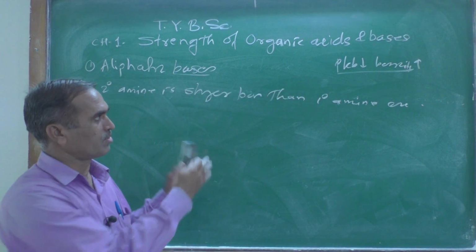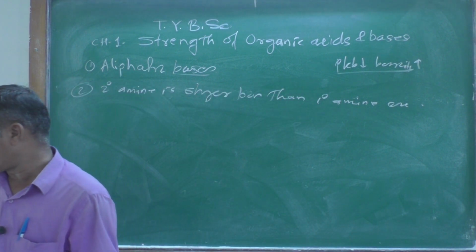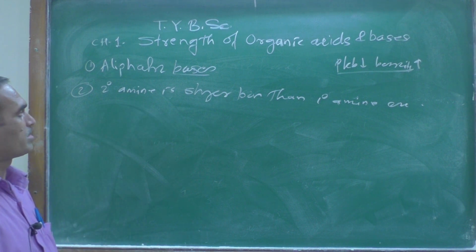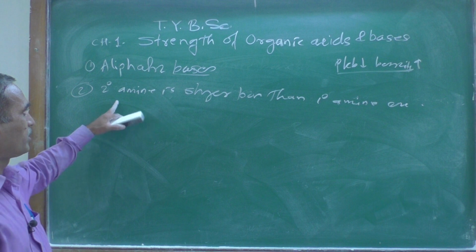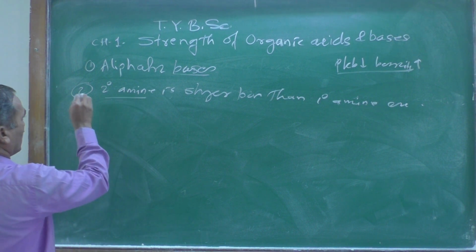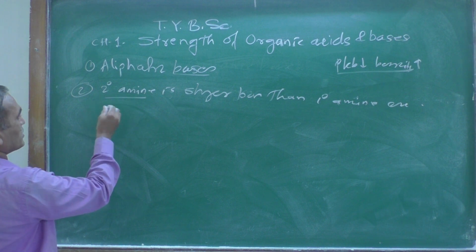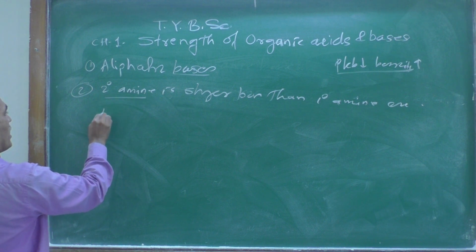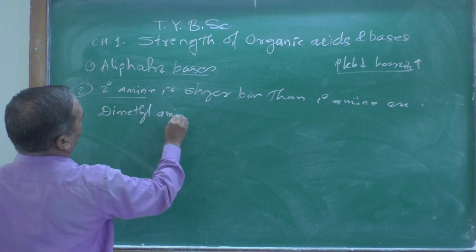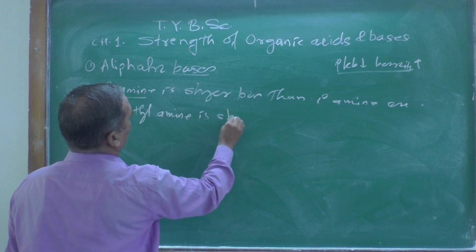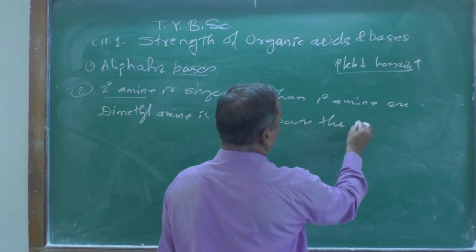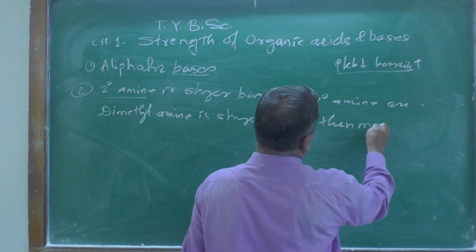This type of thing we already learned here, why they are more stable, because just now we have seen that in a secondary amine there is the plus I inductive effect. Let us see it another way: dimethylamine is a stronger base than methylamine.